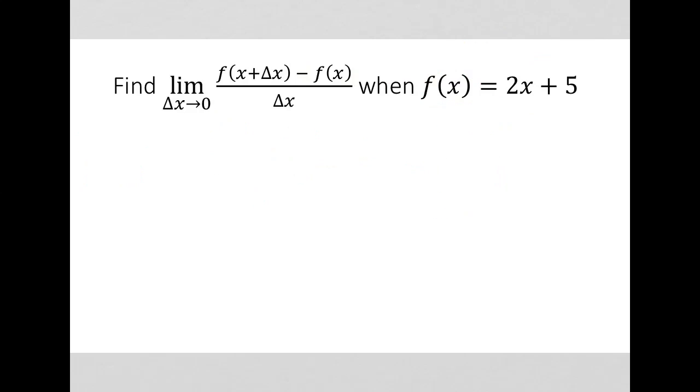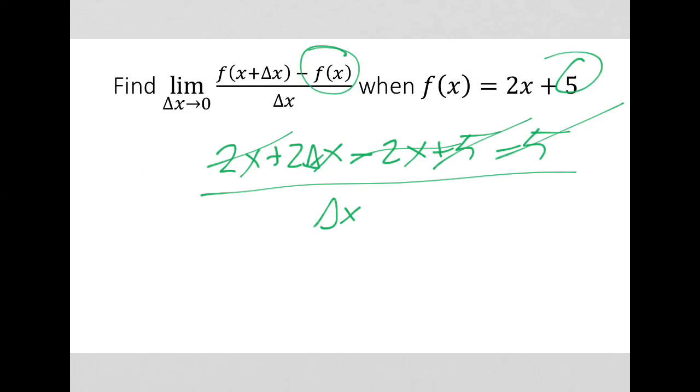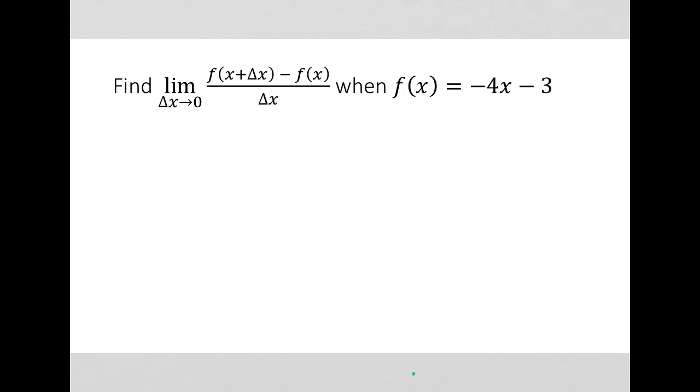On this next one, I'm going to do the same thing, and I'm going to end up with a 2x plus 2 delta x minus 2x, and then of course plus 5 there, and a minus 5 there as well. But again, the main idea is all of that is going to cross off, and you're going to be left with delta x over delta x. It's going to cross off, and you're going to end up with that number right there. So this is going to be 2, and this next one is going to be negative 4.